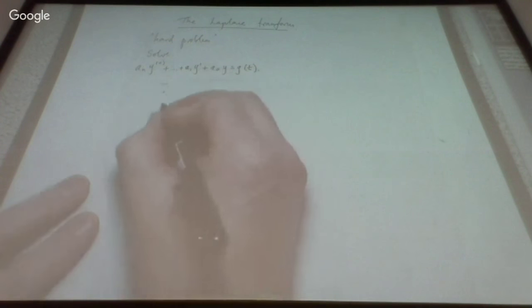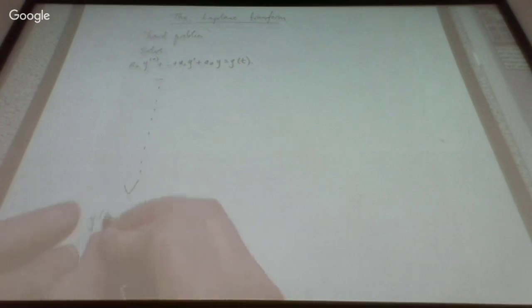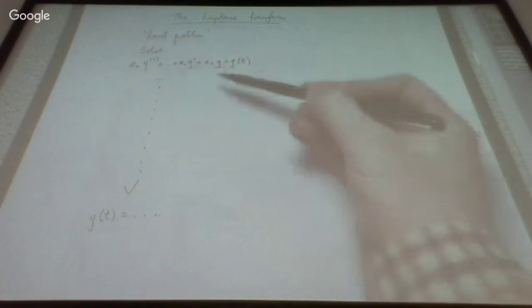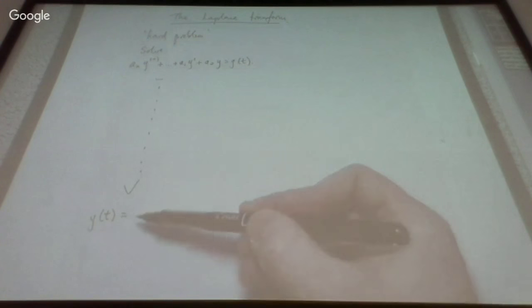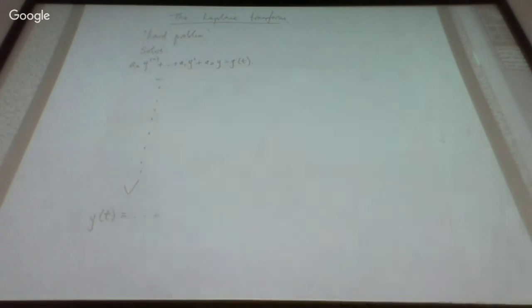We've no hope of solving that quickly and easily to get y of t equal to something. Just going immediately from the differential equation to the solution is kind of hard. It can't really be done. Okay? There's no general way to describe that in simple terms.